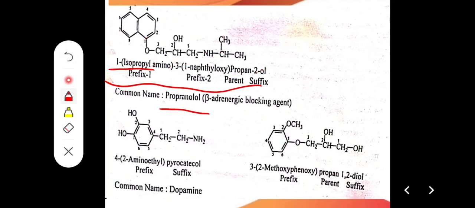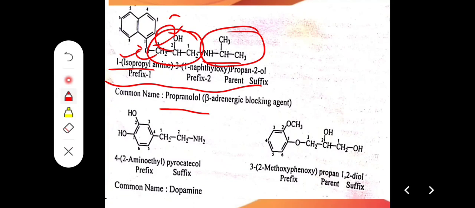One is 1-isopropylamino group. Other is 3-(1-naphthyloxy), because these 3 carbons are attached to the 1-position of the naphthyl group. And propan-2-ol, because if we consider this propyl group, there is a hydroxyl group on the 2 carbon.